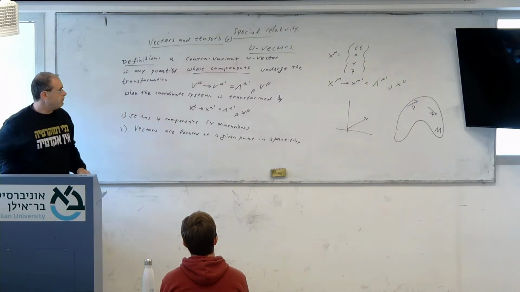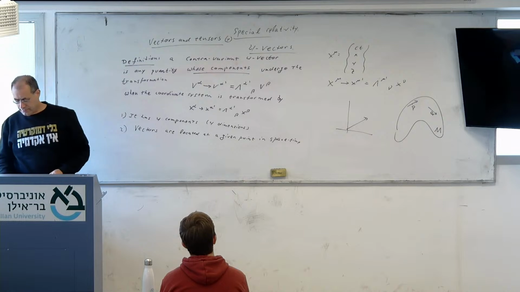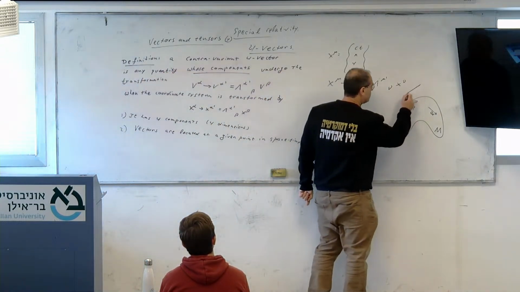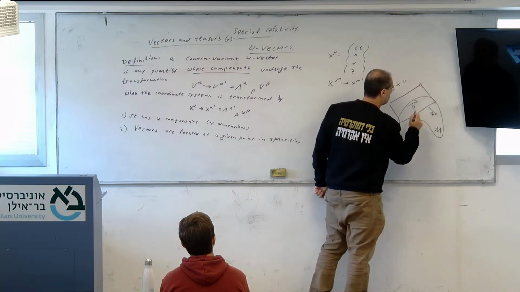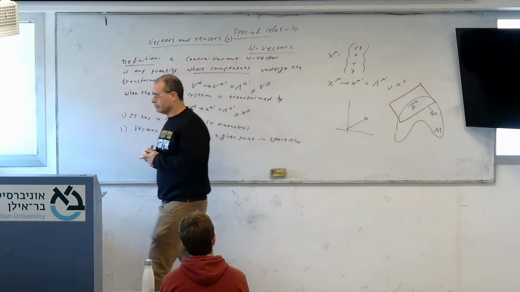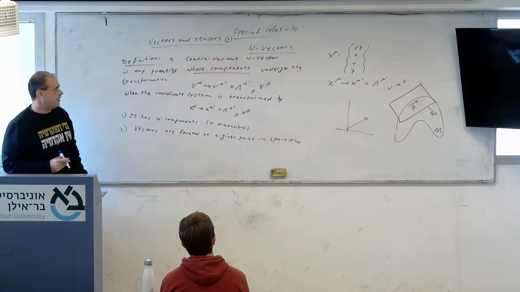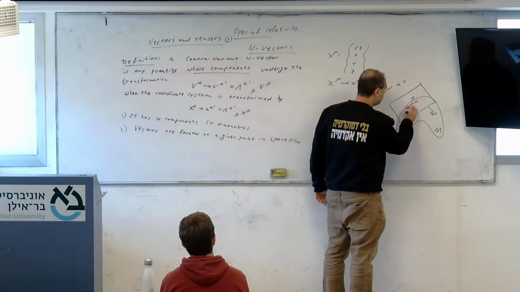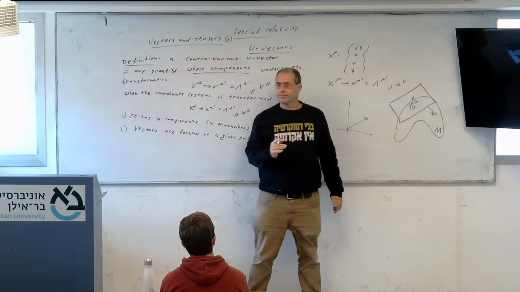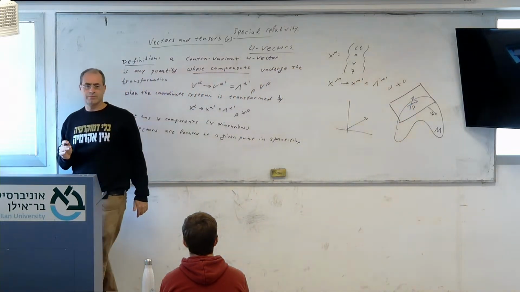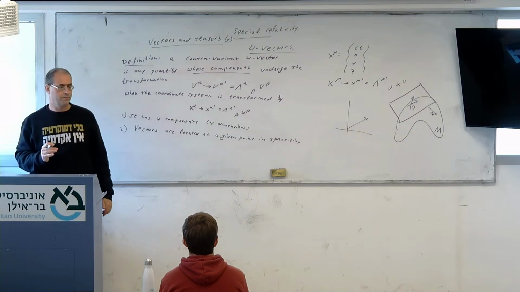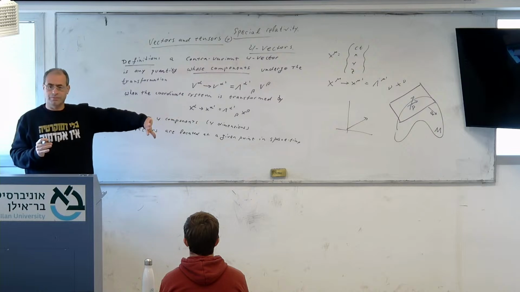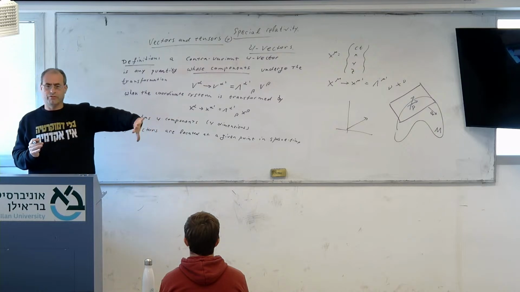So I can think of all the vectors that go through a point P in that manifold. And the set of all vectors that go through that point P, of course, there are an infinite number of them. You can go any direction. What do they form?